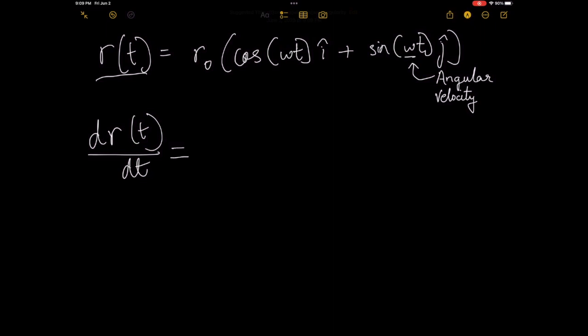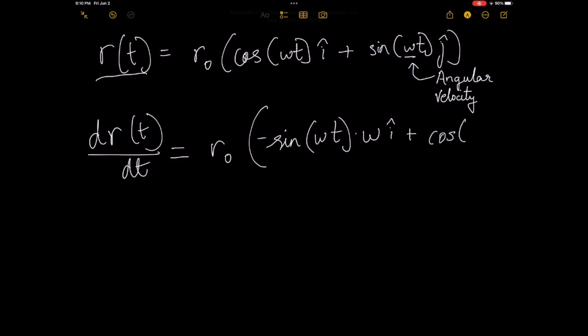That is equal to r0 times negative sine omega t times omega plus cosine omega t times omega.